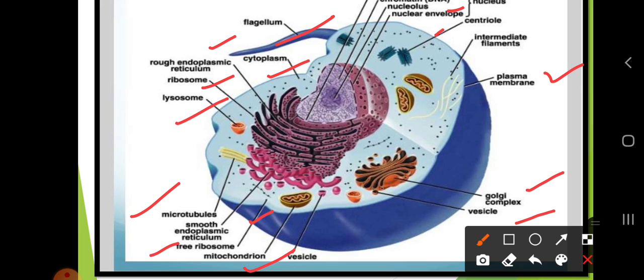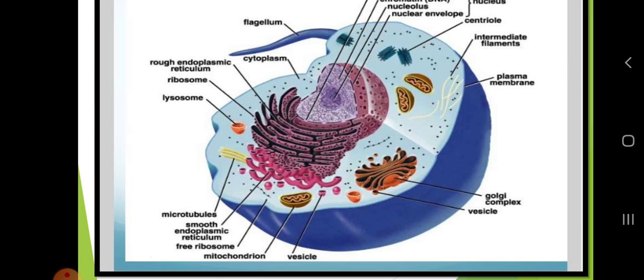These are some organelles present in the cell itself. In one particular class I will teach you how to draw the parts of the cell. For now, keep in mind that these are the organelles of cells.